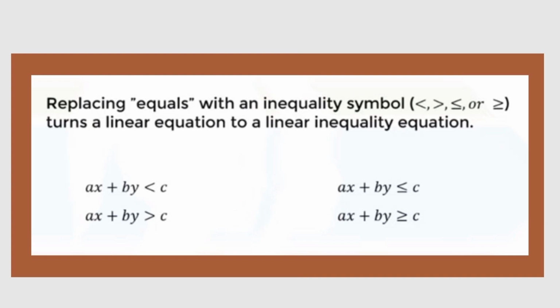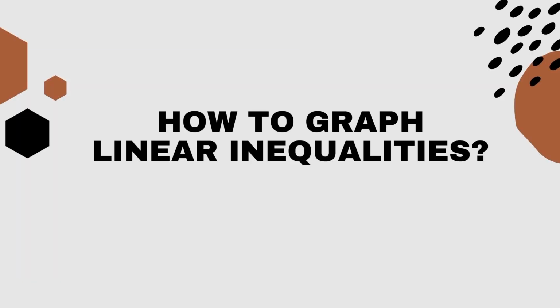Next are the formulas: ax plus by less than c, ax plus by greater than c, ax plus by less than or equal to c, ax plus by greater than or equal to c. So for now, let's proceed to how to graph linear inequalities.